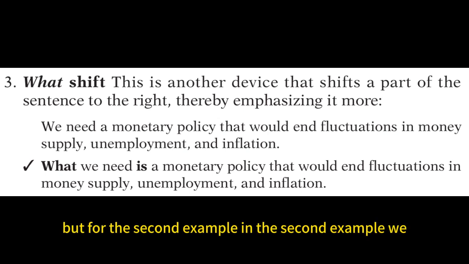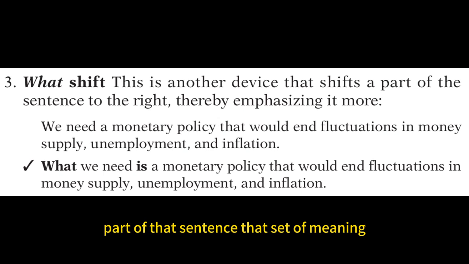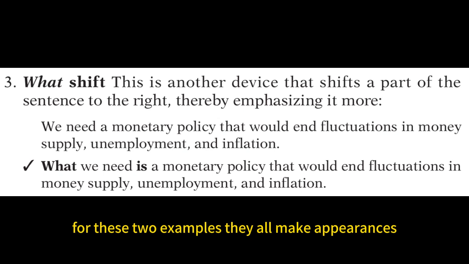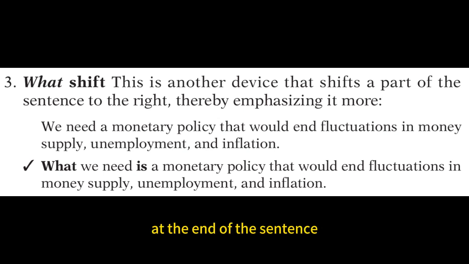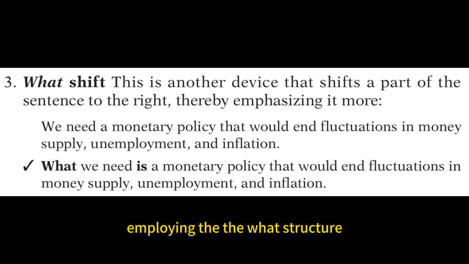But in the second example, what we need is four words. And apart from the first two words and the first four words, the rest of the sentence is the same. That set of meaning, for these two examples, makes an appearance at the end of the sentence. Then why the trouble? Why do we take the trouble employing the what structure, the what shift? What we need is. Why is that?